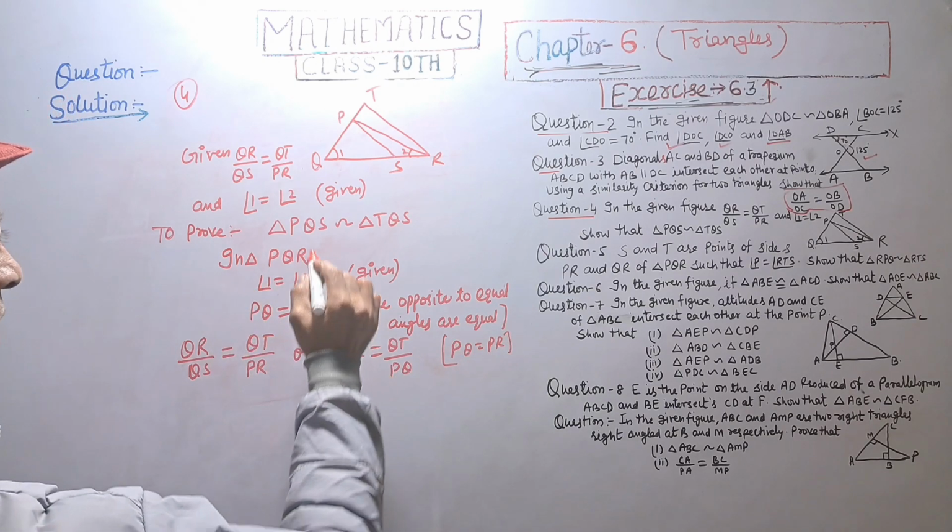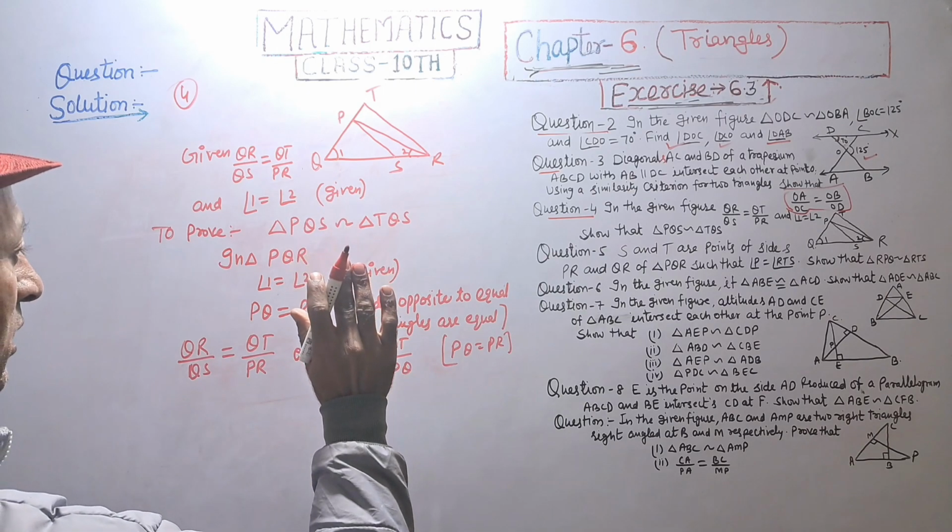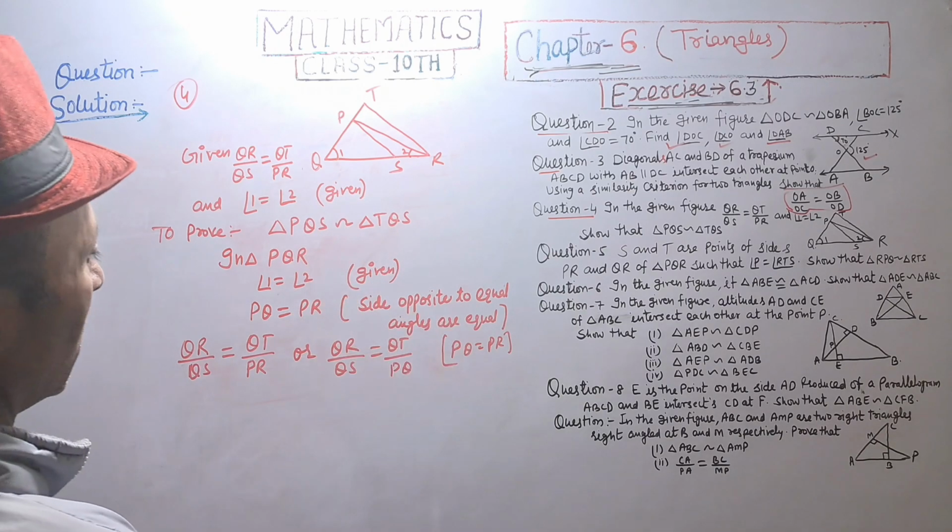If angles are equal, then the opposite sides are also equal.